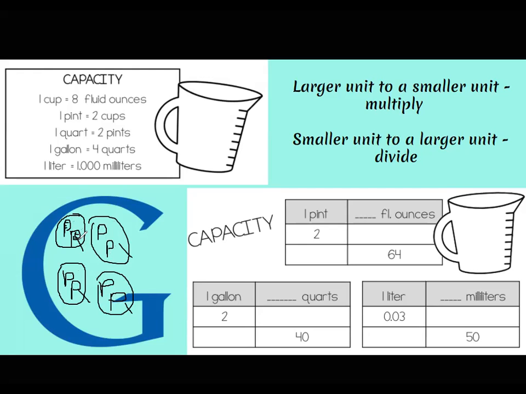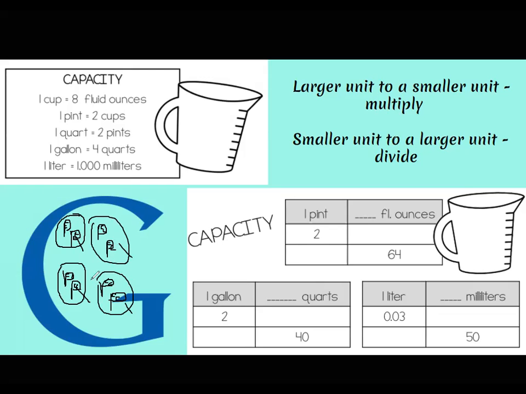So we can write 2 C's inside each P to represent 2 cups in each pint. So that gives us a total of 16 cups in a gallon, because we have 2, 4, 6, 8, 10, 12, 14, 16.